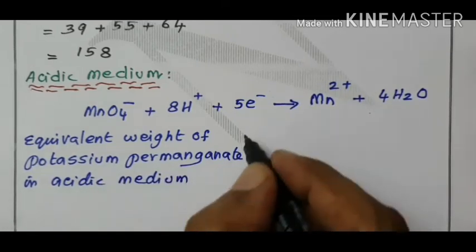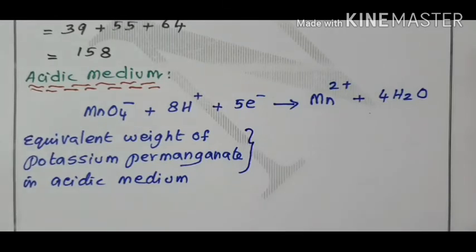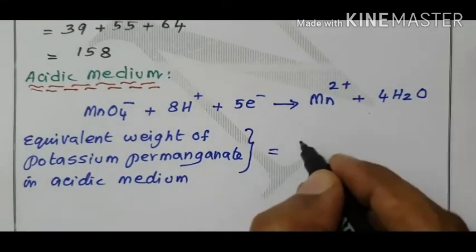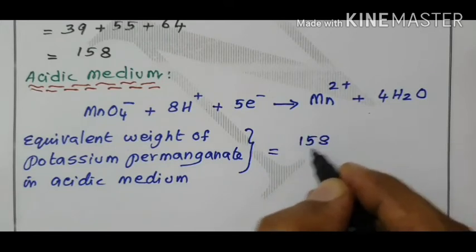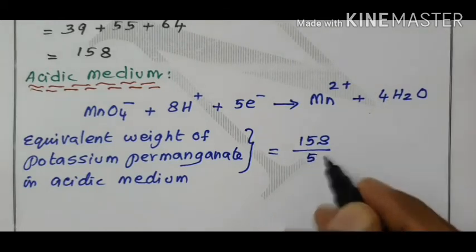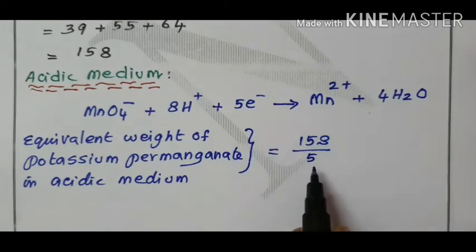Already we have calculated the molecular weight of potassium permanganate as 158, divided by the number of electrons gained, which is 5. The denominator, the number of moles of electrons transferred, is 5.